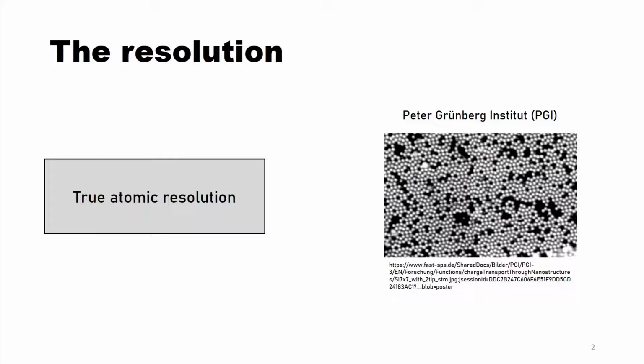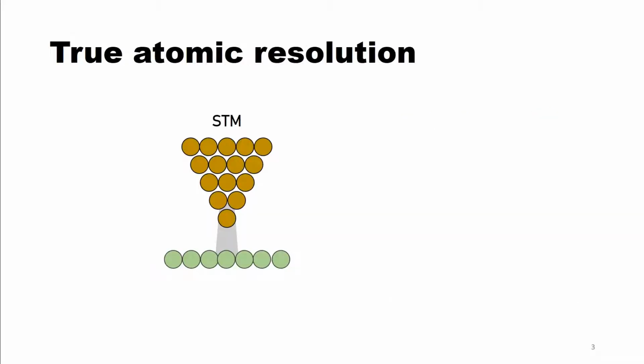Why do I have that in an STM but, for example, not in an AFM? Let's take a look. In an STM, only the closest atom of the tip is interacting with the highest atom of the sample, because the dependence of tunneling current on tip to sample separation is exponential.